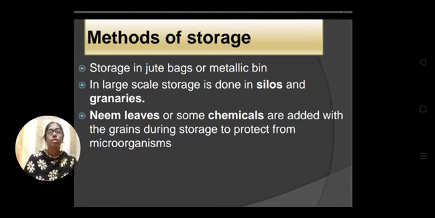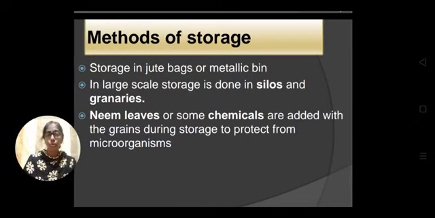Generally, farmers who cannot afford much, and who are producing the grains in small quantities, store them in jute bags or metallic bins. But for large scale storage, silos and granaries are used.